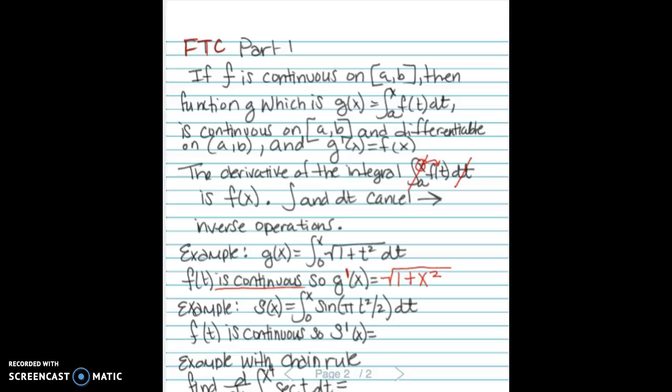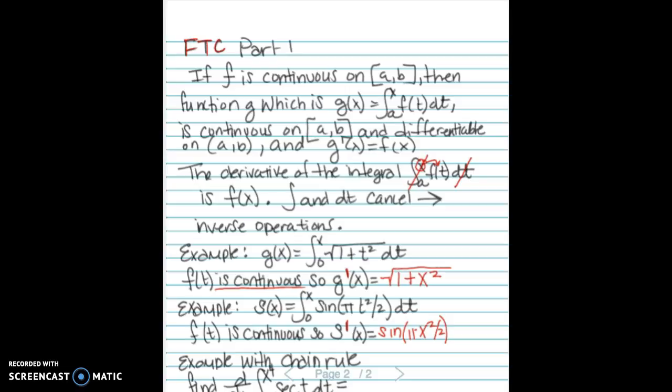So the derivative of s of x, s prime of x, equals the function, so that's sine of pi, replace t with x, so that's x squared over 2, and then take the derivative of x because I did replace t with x. Well, that derivative is 1, so I'm good, I continue. Okay, and one more example with the chain rule this time.